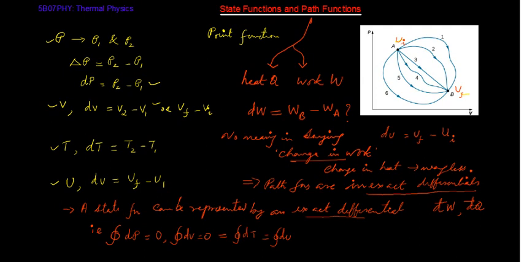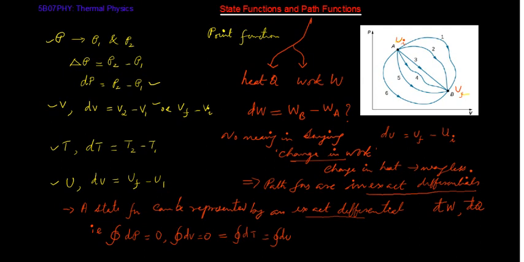There are two kinds of functions used in thermodynamics. One set is known as state functions, which are path independent, whose value depends only on the initial and final points reached by the system, and they are usually represented by exact differentials. They can be readily integrated, and hence they are point functions. The other type are path functions, which are inexact differentials.